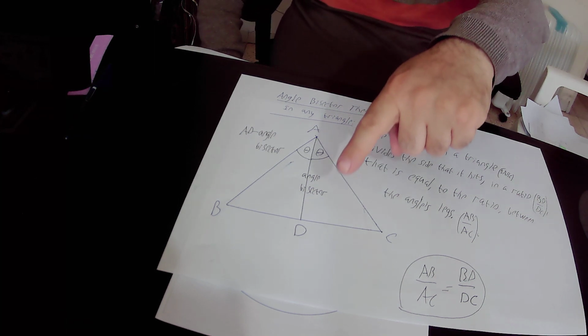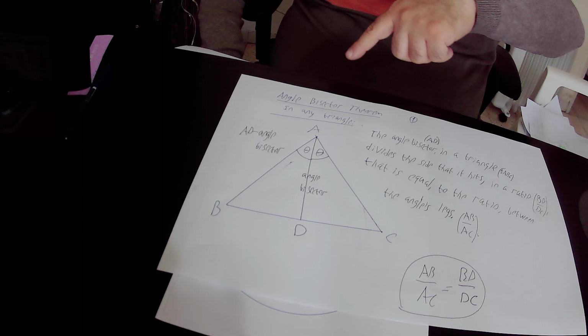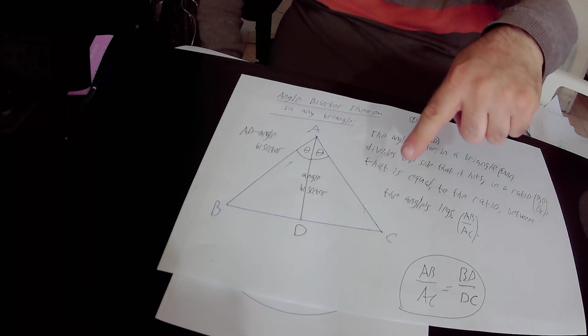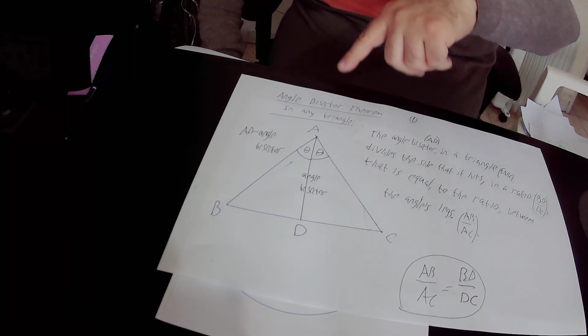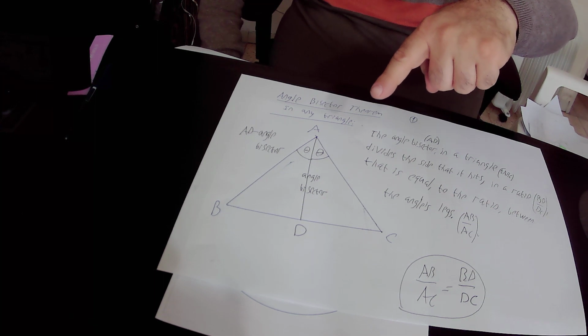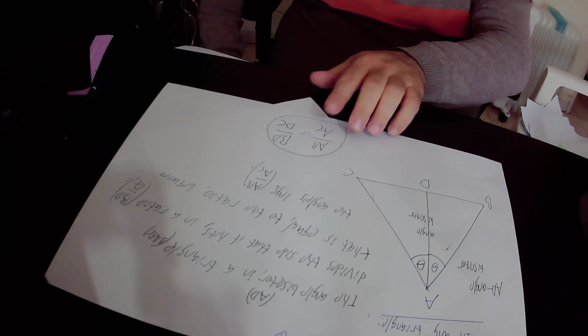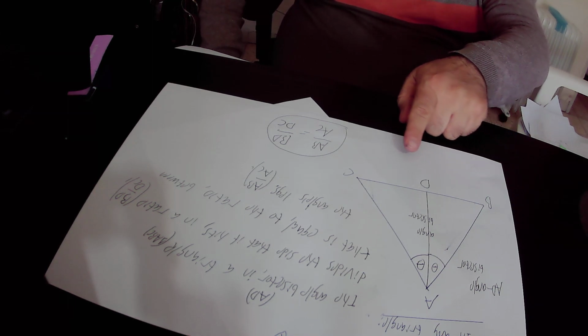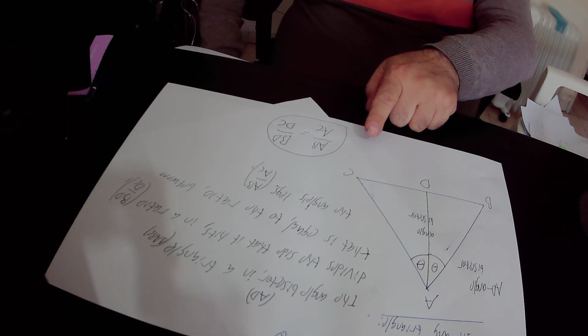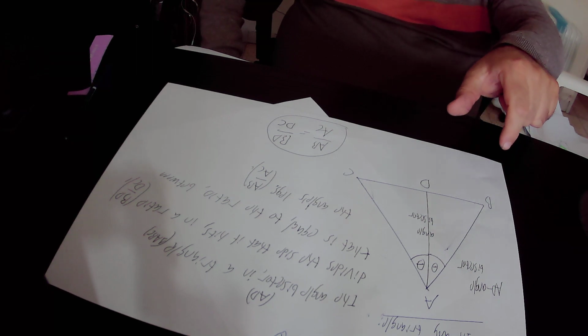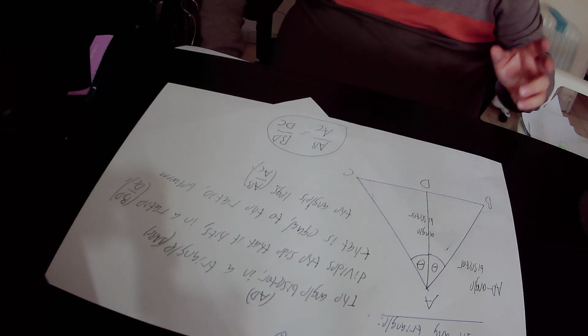Angle bisector AD in triangle ABC meets side BC, and it divides it into two parts. Here, the first part is BD and the second part is DC.